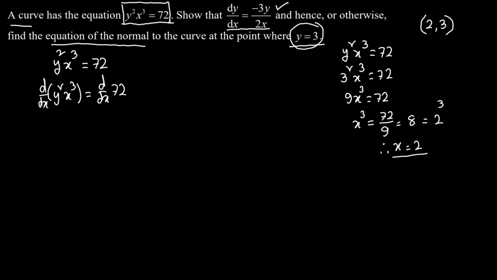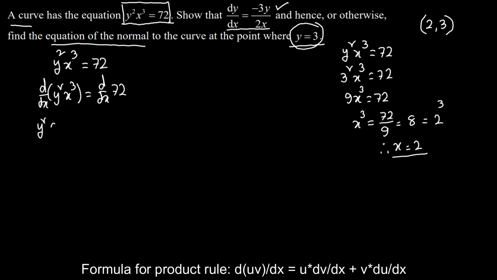On the left side we need to apply the product rule: y² d/dx of x³ plus x³ d/dx of y². On the right side, if we differentiate, we get 0.